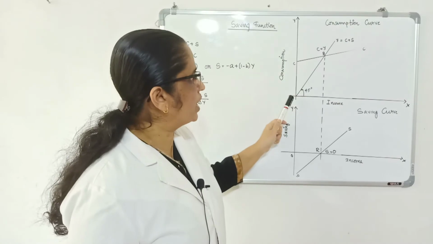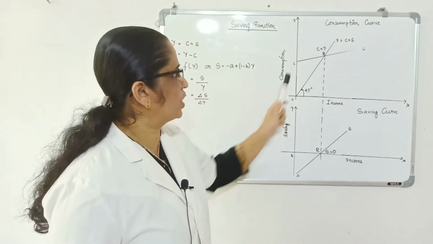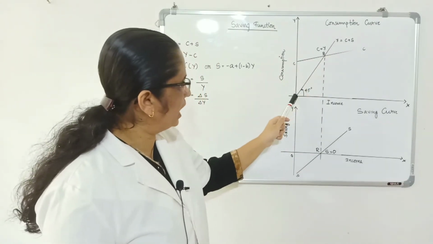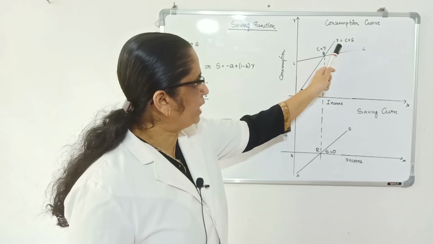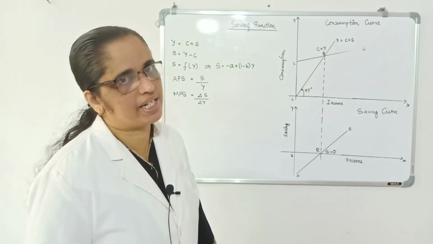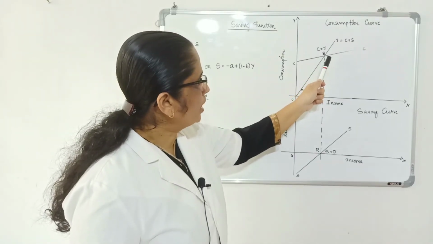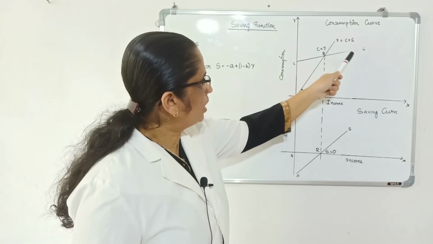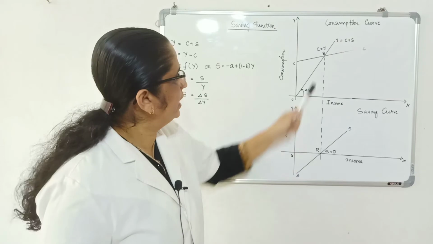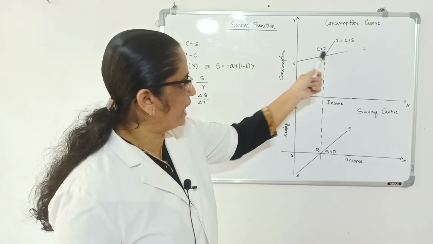Part A, consumption curve. OX axis income, OY axis consumption. The CC line is our consumption curve, and the 45-degree line is our income curve, or our C plus S curve, or our aggregate supply curve. You can mark the intersection point B of the consumption curve and the 45-degree line.